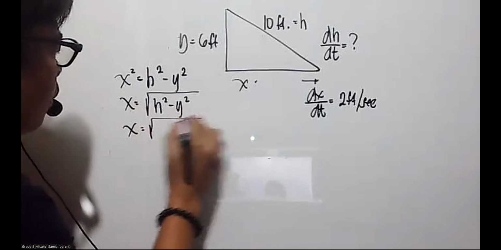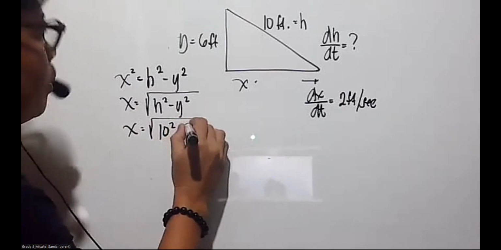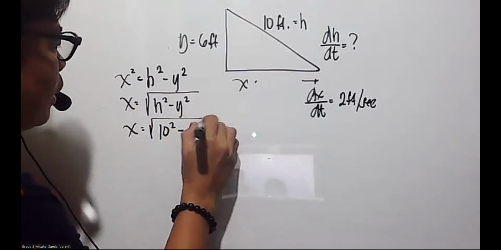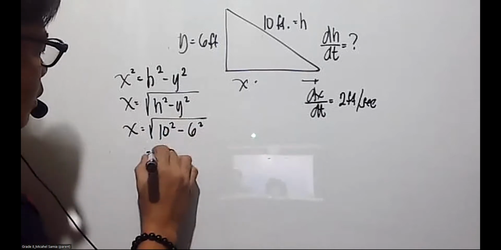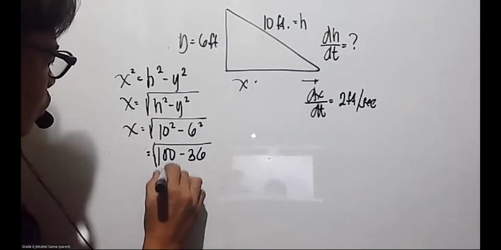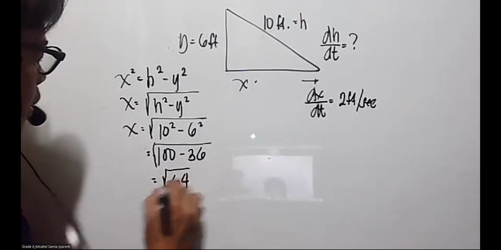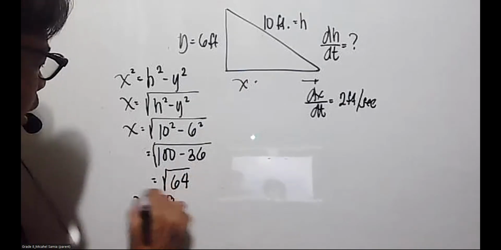Placing the values, x is equal to the square root of 10 squared minus 6 squared. So this is equal to 100 minus 36, equal to 64. Square root of 64, or x is equal to 8. So we have the value here of 8.